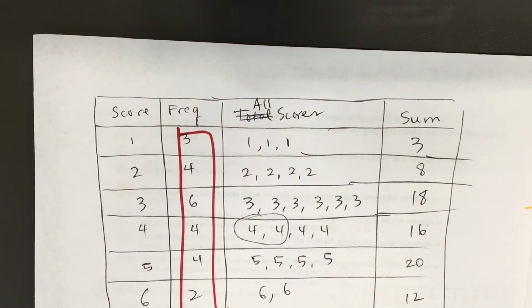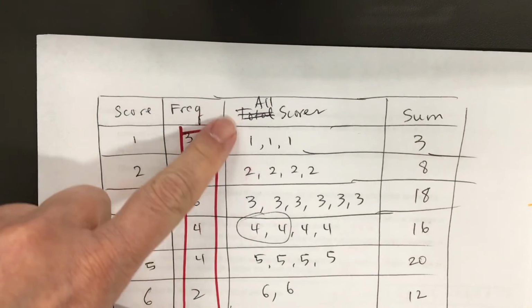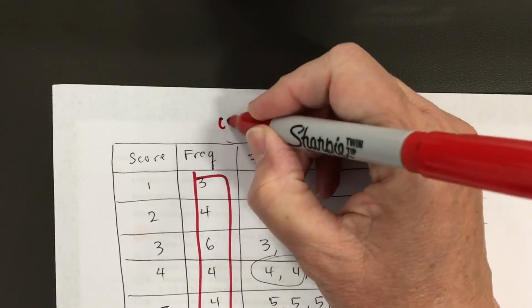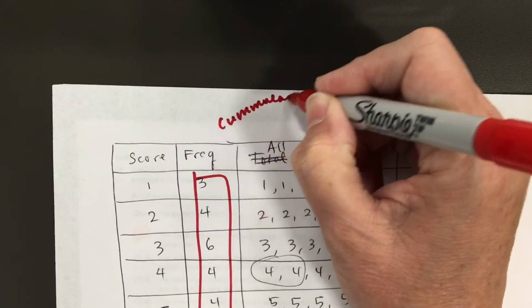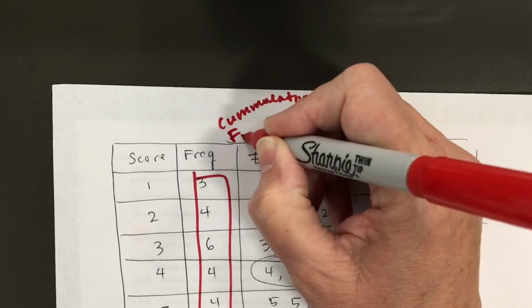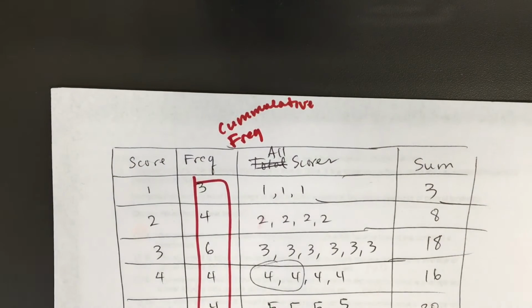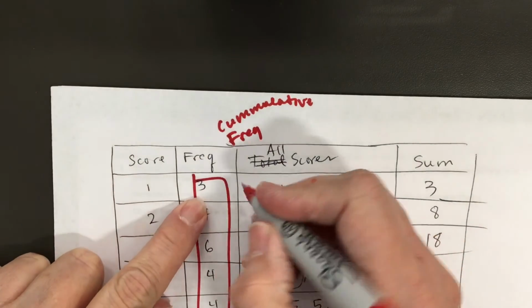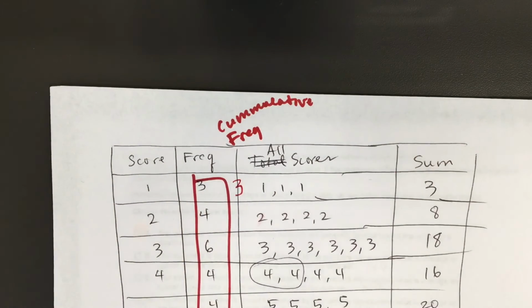Now, without having all the numbers written out, I would do this. I might add in another column called the cumulative frequency. I'm going to squeeze it in right here. That's the frequency as you work your way down the chart. Like in the score of 1, the frequency was 3. Up to that point, 3 scores have been taken into account.